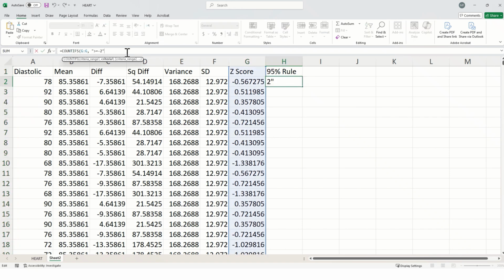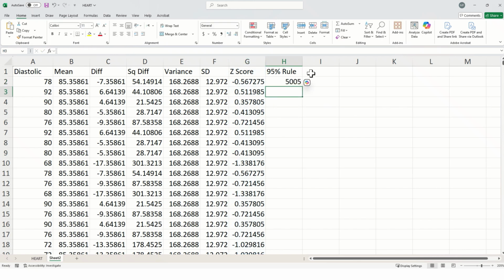Let's add another condition here. The second condition is column G to G, where the values are, within quotes, less than or equal to 2, quote, close parentheses. Okay, and now enter.